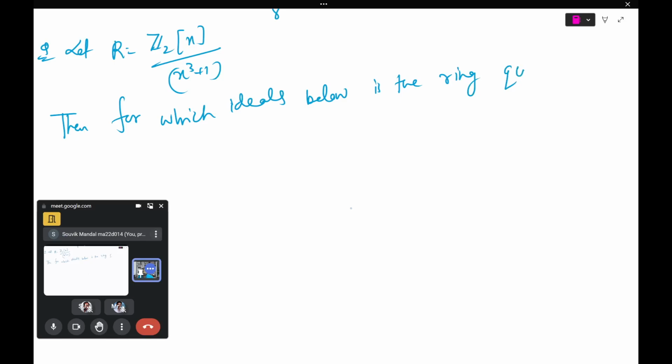Now the question is, for which of the ideals below is the quotient ring non-trivial? The quotient ring is not clear.